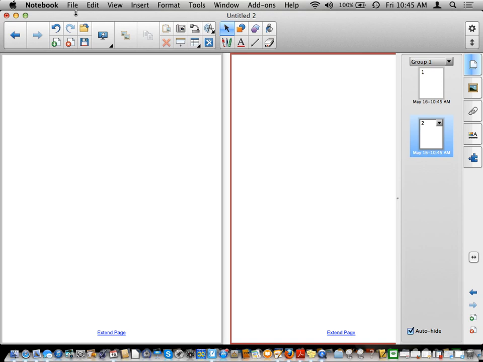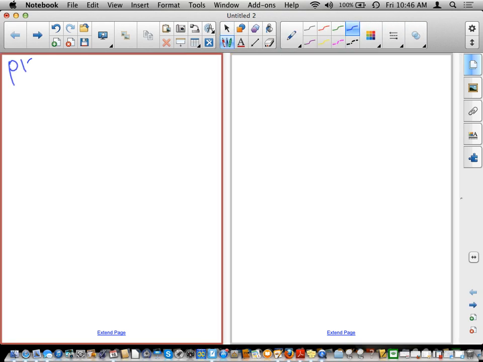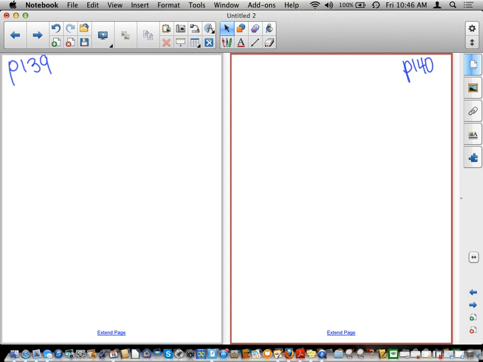Open it up to page 139 and 140. Now, we are going to do the life cycle of the star. It's going to take the entire spread, 139 to 140, like what I have created here.